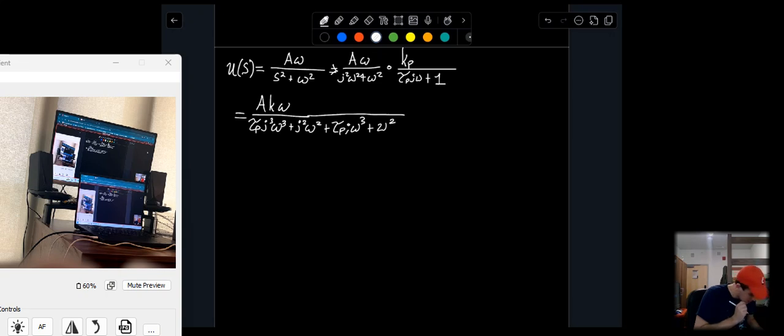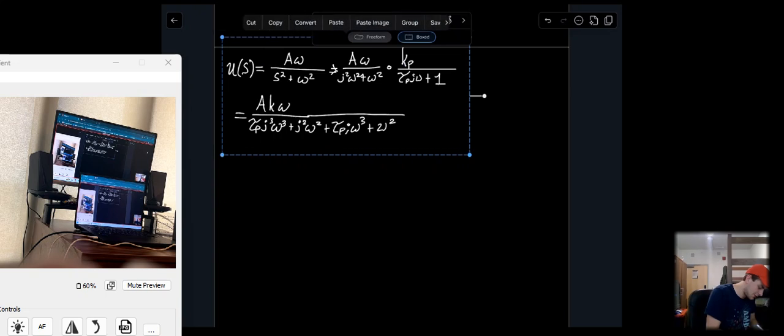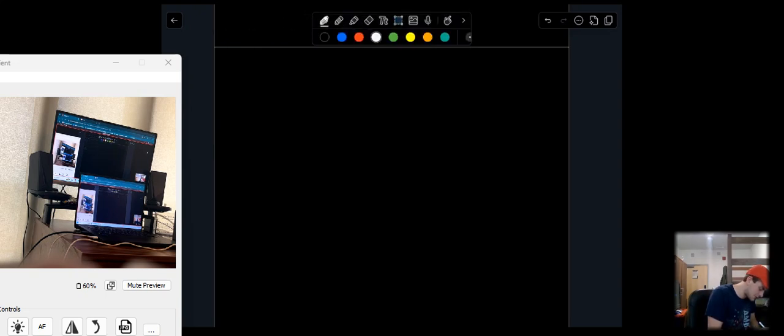Now, what can we do with this here? Actually, wait. I think we should just be substituting into our process function here. So G(s) equals Kp over tau p j omega plus 1.